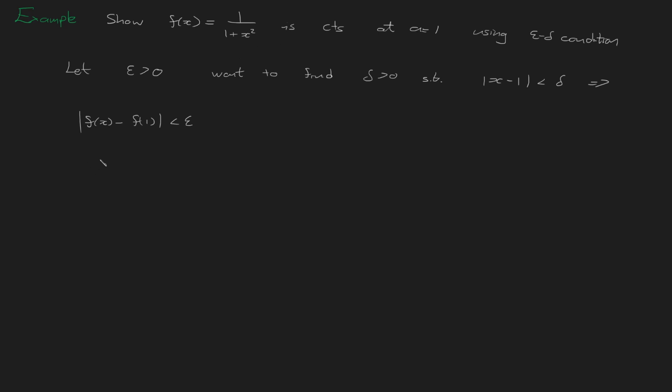So plugging everything in, we have 1 over 1 plus x squared minus 1 over 1 plus 1 squared. So this is 1 over 2.